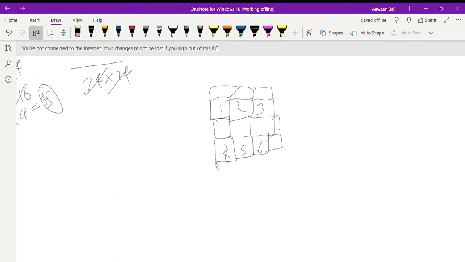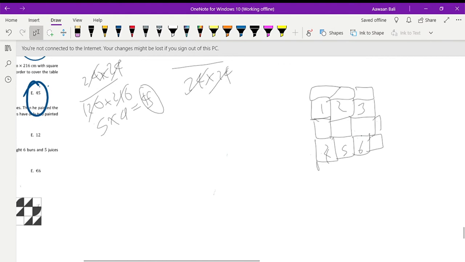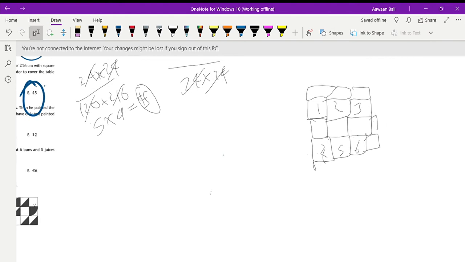There's a big problem there. Sometimes you can get confused because these 4, 5, and 6, like 4 and 6 are actually colored on three sides. Same with 1 and 3.